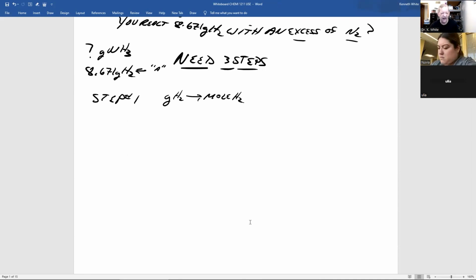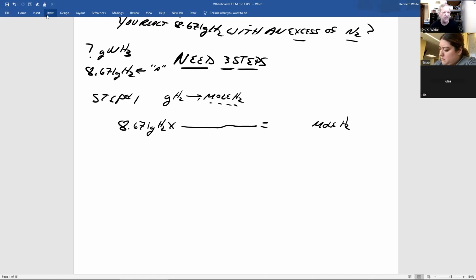So the only thing we have to work with is this. And what units do we want our answer in? In step 1, we want moles of hydrogen, H2.